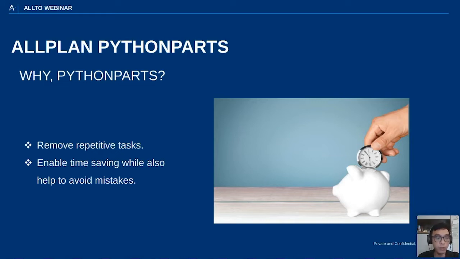The new Python Parts interface gives the possibility to create Python Parts yourself, offer the scripting of Python Parts as a service to third parties, or accept a library with different Python Parts in the future. And in addition to the script language, ALLPLAN Python Parts offer numerous fundamental improvements.